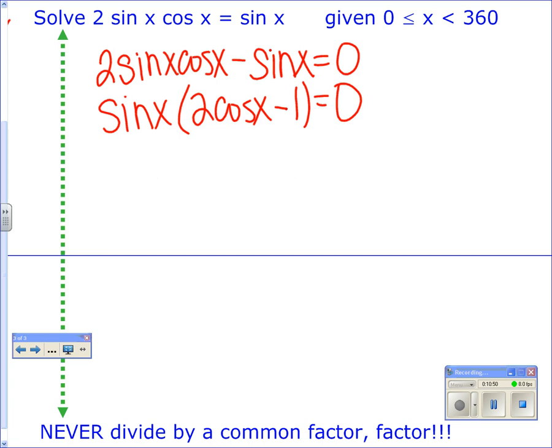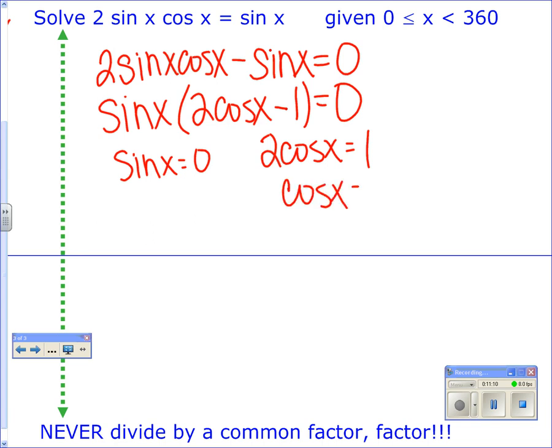Okay, now what? And what else? And so what does cosine of x equal? Does that make sense?